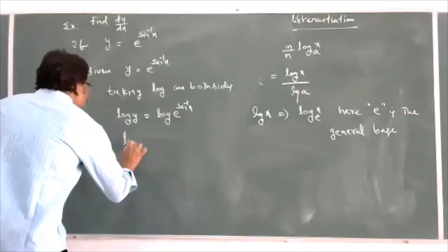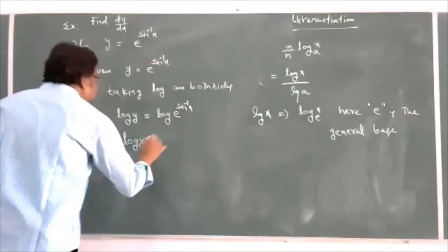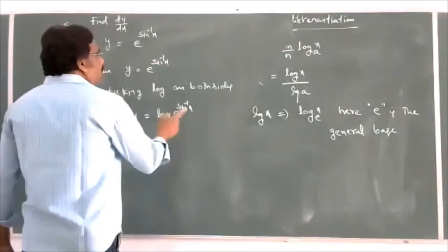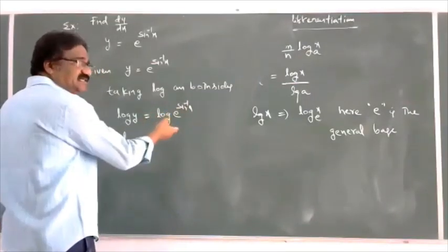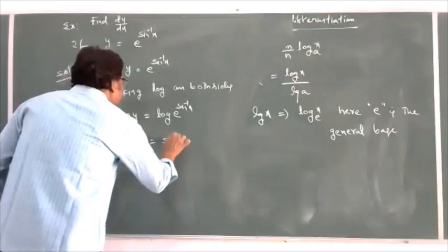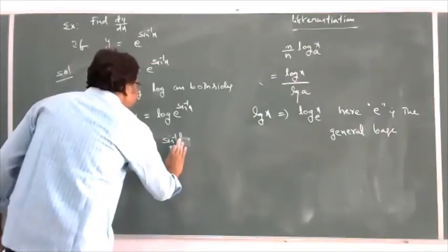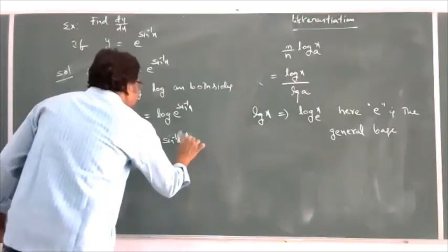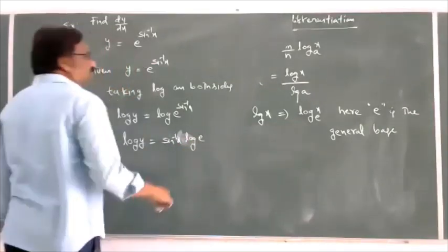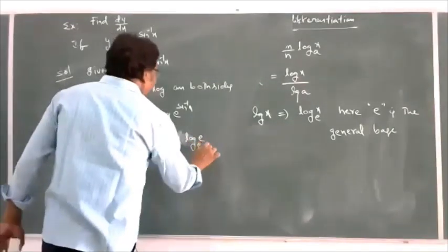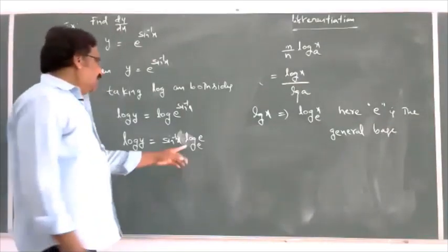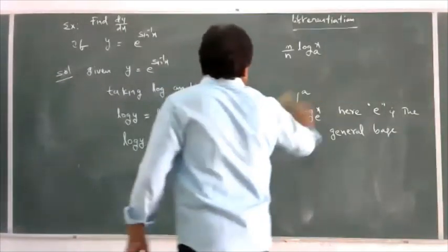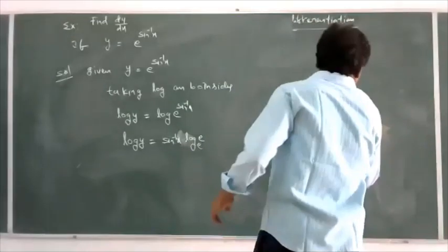Here, using the logarithmic formulas, we first simplify. One formula I gave: logarithm of x power n is equal to n log x. Like that, this is sin inverse x into log e, with the general base e.